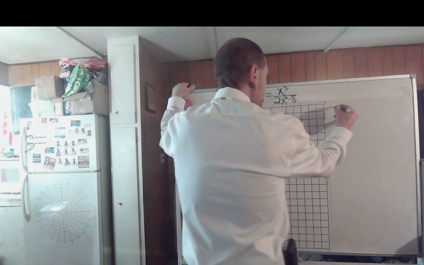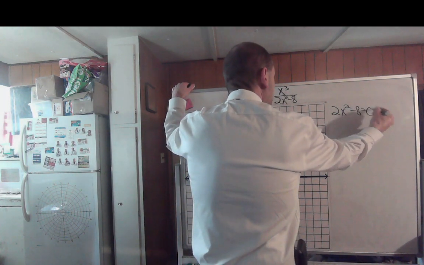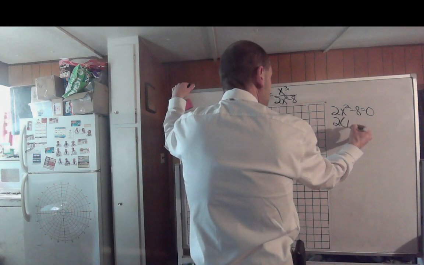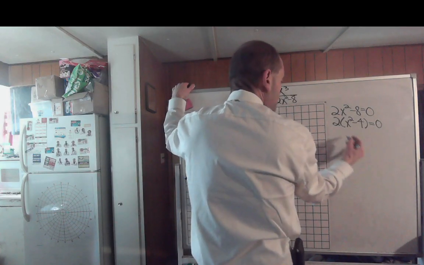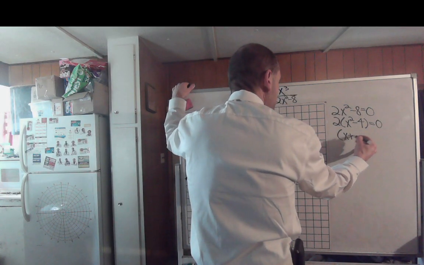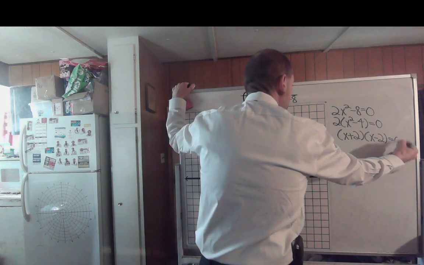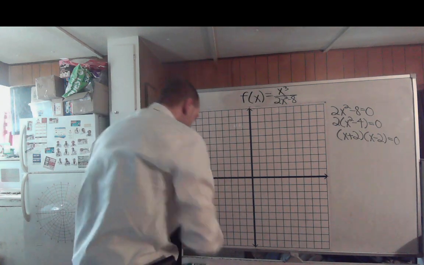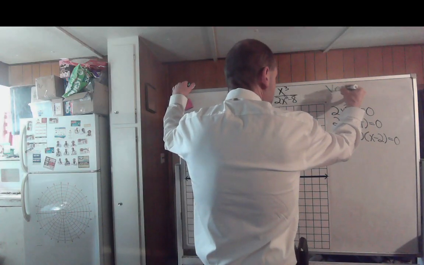If we set 2x squared minus 8 equal to 0, you would get 2 times (x squared minus 4) equals 0, which would just give you (x plus 2) times (x minus 2) equals 0. So that means you have two vertical asymptotes that are going to occur when x equals both plus or minus 2.